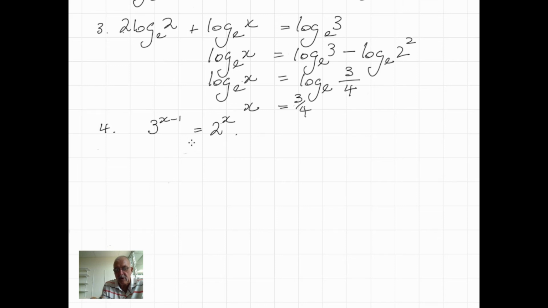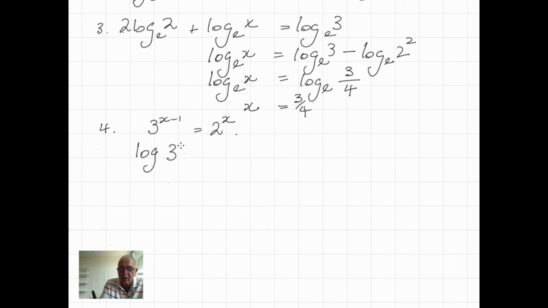A general strategy for finding an unknown when the unknown is in the powers is to take logs. Now we can take logs to any base, but we'll take log to base 10. If it is to base 10, you don't have to write the number 10 down there. If the word log is there without a base, it is assumed to be base 10. So I'm going to take log to base 10 on both sides.